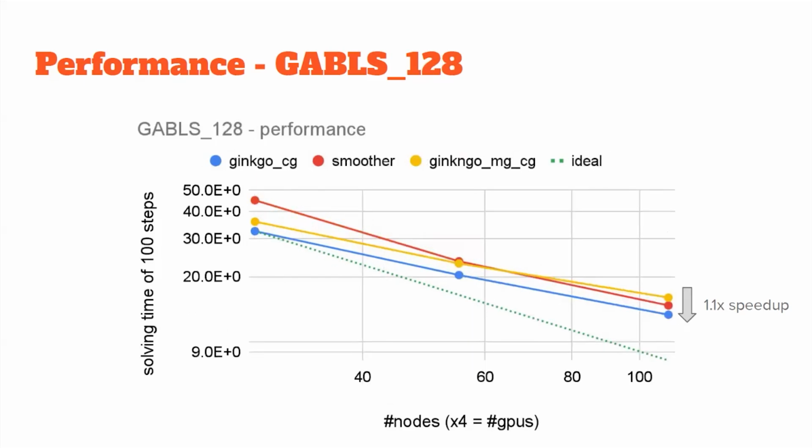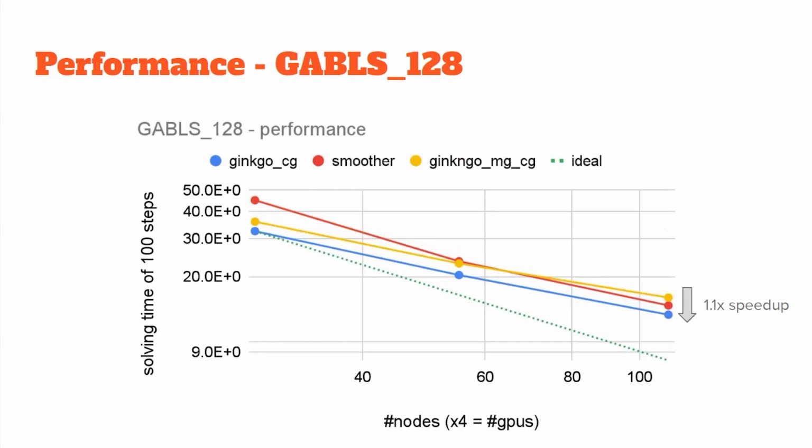And then we increase the discretization points in each dimension, so for now it's GABLS 128. Overall, Ginkgo CG still has the best performance on these 15, 55, and 110 nodes here.